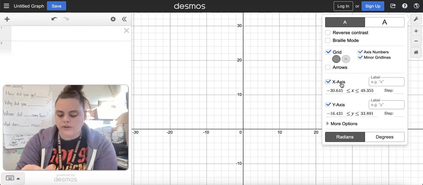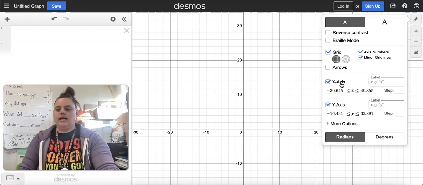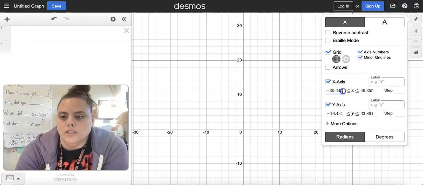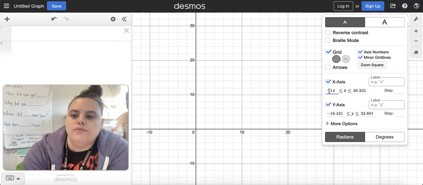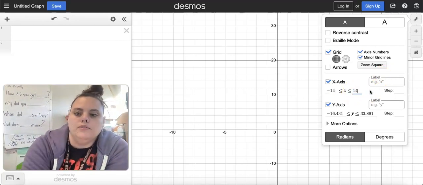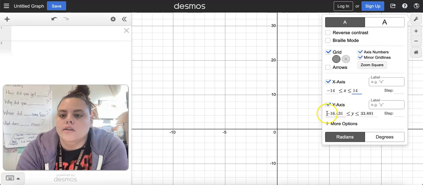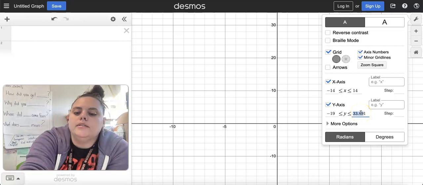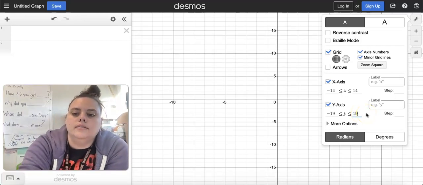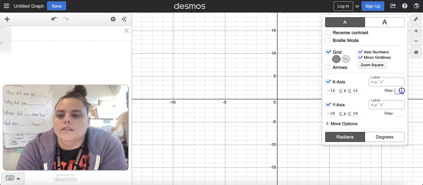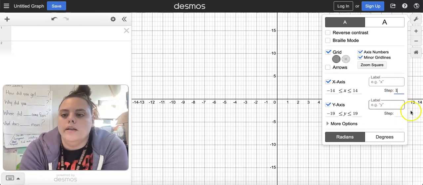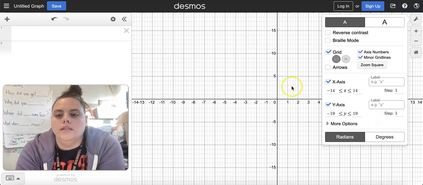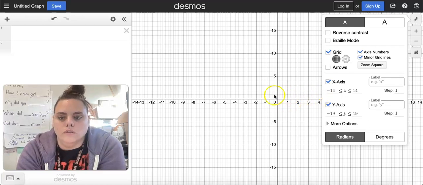So if you did your graph up and down like I did, for the x-axis, you are going to change this to negative 14 and this side to positive 14. For the y-axis, you will change this to negative 19 and this side to positive 19. I also suggest saying 1 and 1, then you can see all of the 1, 2, 3, 4, 5, all that stuff.